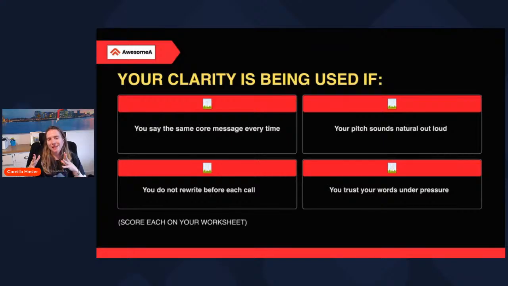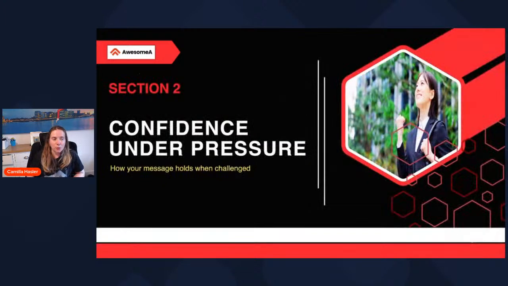If your pitch sounds natural when you say it out loud, then clarity is being applied. If you do not rewrite or feel tempted to switch aspects of your pitch in and out before or even in a call, then your clarity and your consistency of message is being applied. And if you trust your words under pressure, these are all really important.